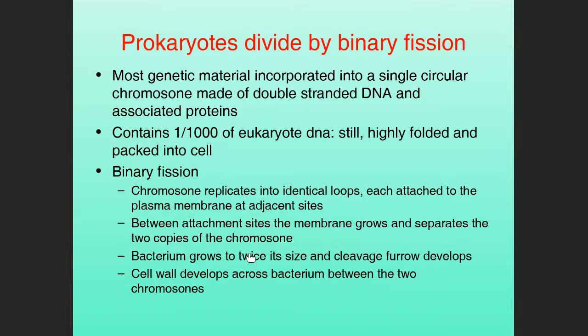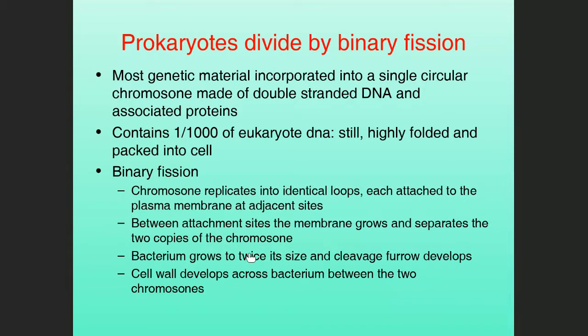Between the attachment sites, the membrane grows and separates the two copies of the chromosome, which are being copied further, and the bacterium grows to twice its size and a cleavage furrow develops.